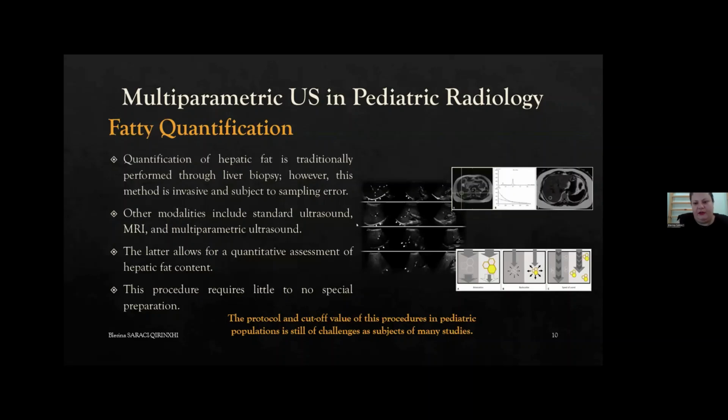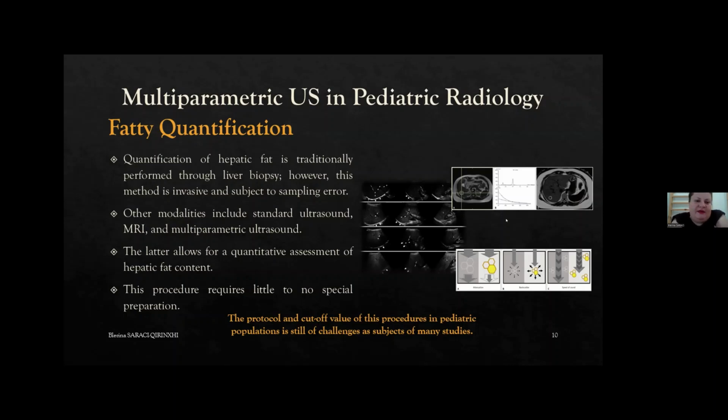Here we have another slide. Fat quantification is another tool that we have to keep in mind. It's a numeric value of the fatty liver, so we can have a quantitative value of fatty liver, not only the qualitative overview of the standard ultrasound examination.